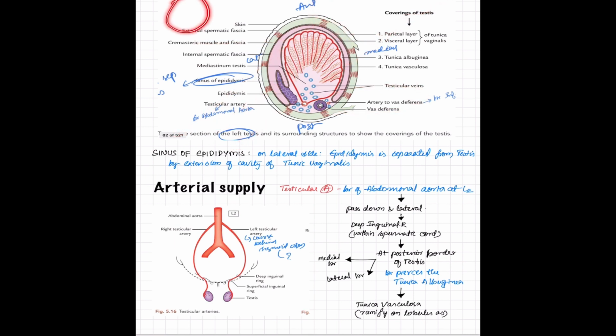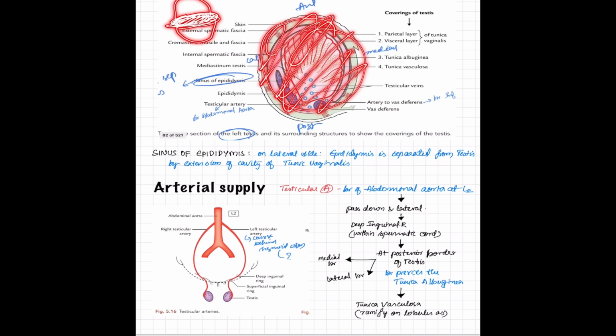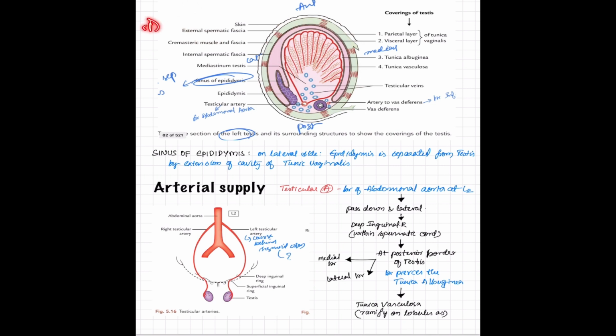If the testis is like this, we have cut here and we are seeing this structure, so superior and inferior cannot be visible, only anterior, posterior, lateral and medial can be visible.